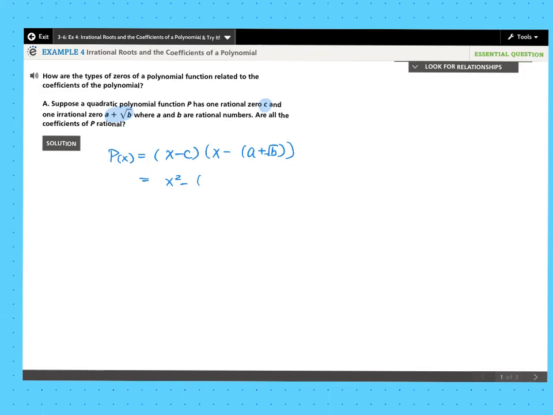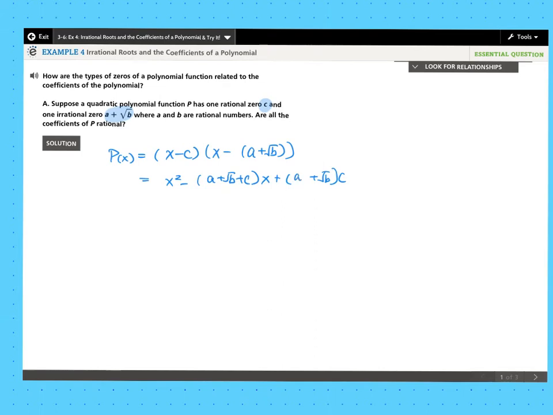This would be a plus root b plus c. Yep, there it is. Sorry, it took me a while to think that through. This would be a plus root b c. So I just multiplied and collected the terms. You can do it more step by step if you want. I went for some shortcuts there.